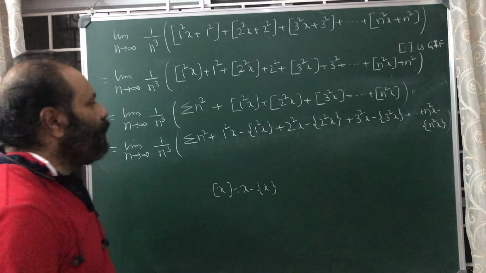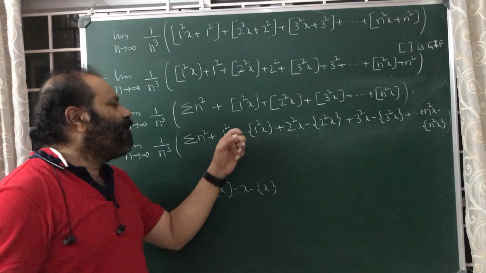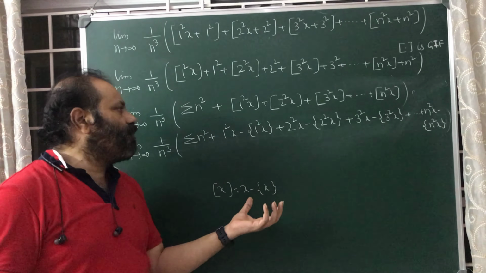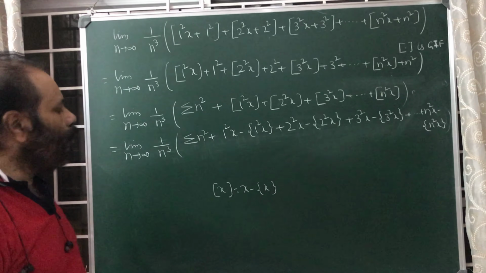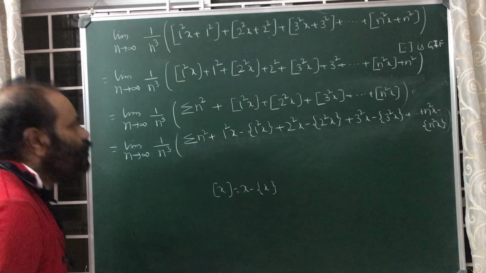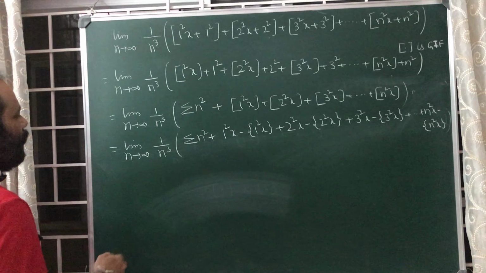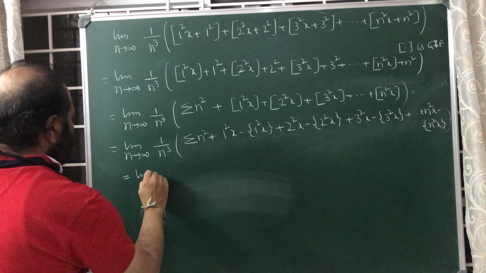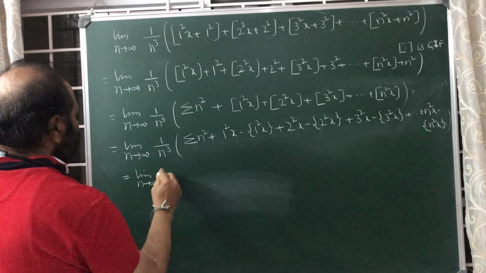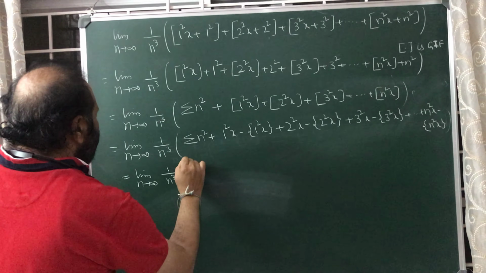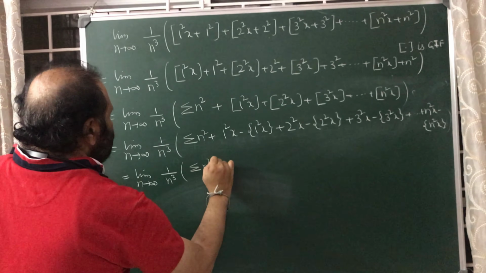The reason I am writing the fractional part separately is that the fractional part of x is always a finite value lying between 0 and 1. This is nothing but limit n tends to infinity 1 by n cube into sigma n squared.